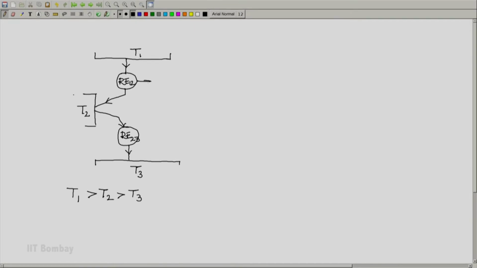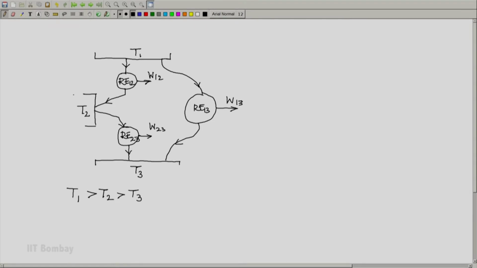This provides work W12, this provides work W23, and let us have a third engine RE13 which works directly between the reservoir at T1 and the reservoir at T3, and let it provide work W13.